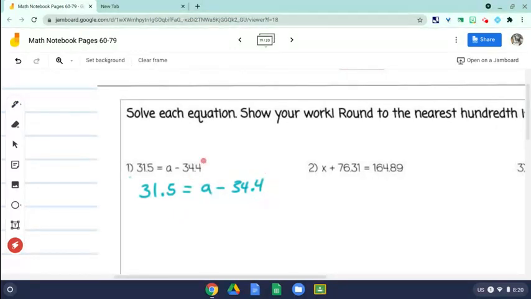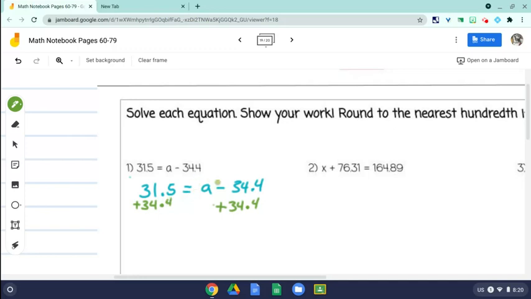Okay. Now, to get this A by itself, I need to do something with this minus 34 and 4/10. If you paid attention to the notes for page 77, you'll know that I can use the addition property of equality to add to both sides of this equation, and it's still true, as long as I'm adding the same number to both sides. So I'm going to add 34 and 4/10 to this side of the equation, and I'm going to do the same thing to this side of the equal sign.